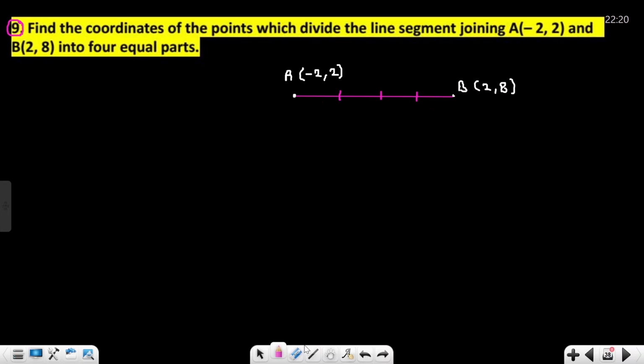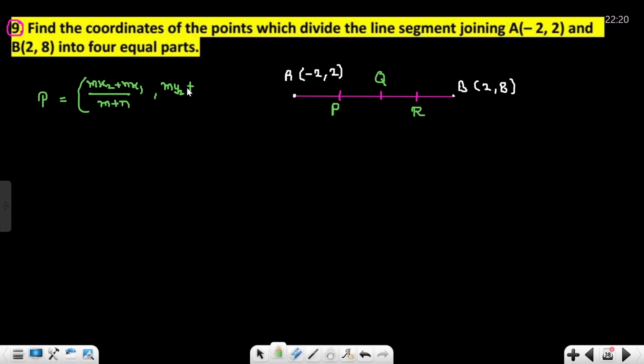So 4 equal parts. Give the names P, Q and R. First of all we find the coordinate of P. So we use the section formula: (mx2 + nx1) divided by (m + n).